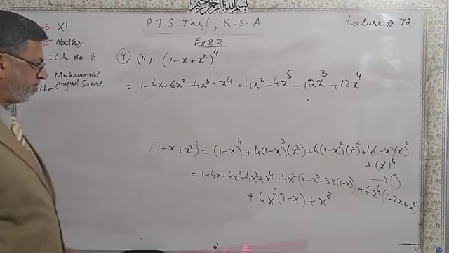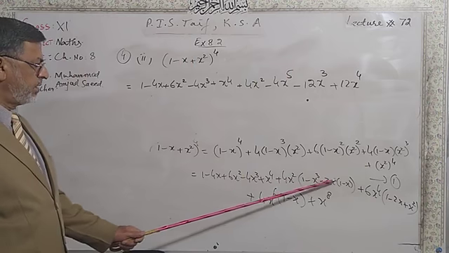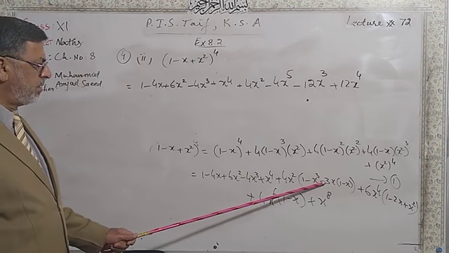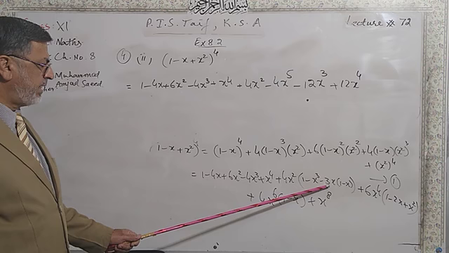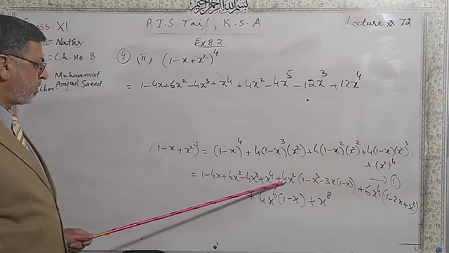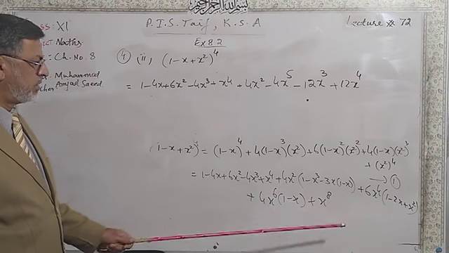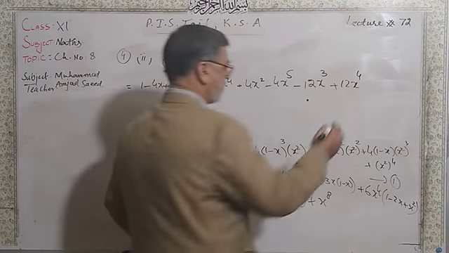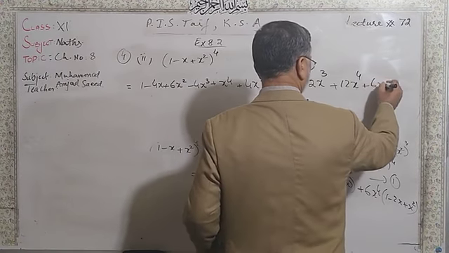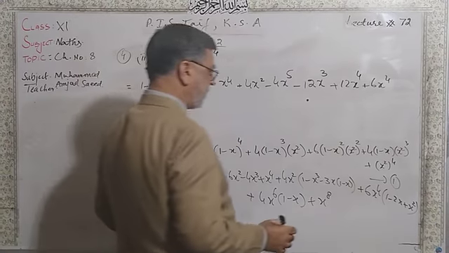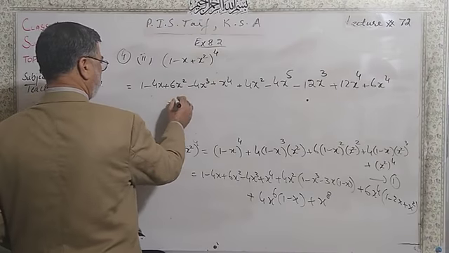Plus 3x square, 3 into 4 is 12, x square times x square is x4. Then plus 6x4, minus 12x5.